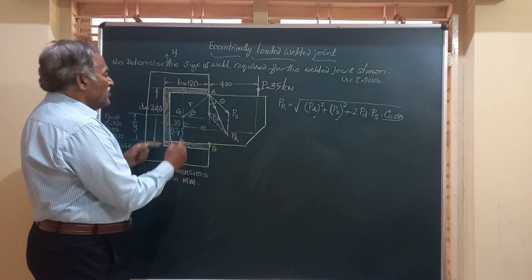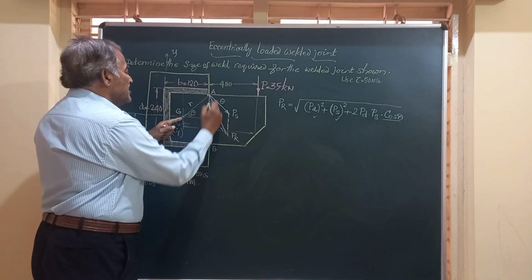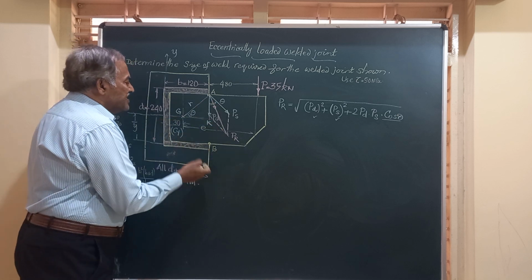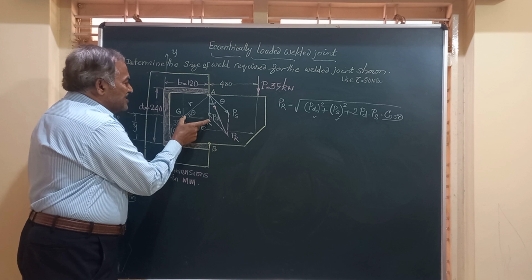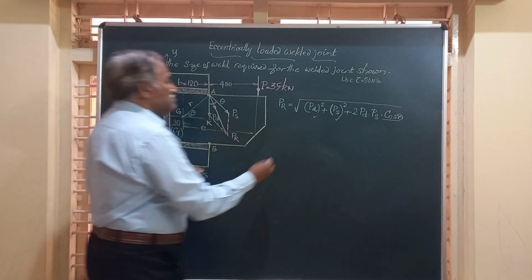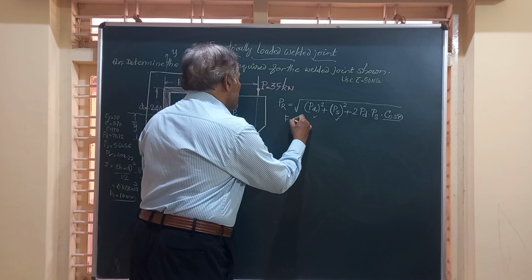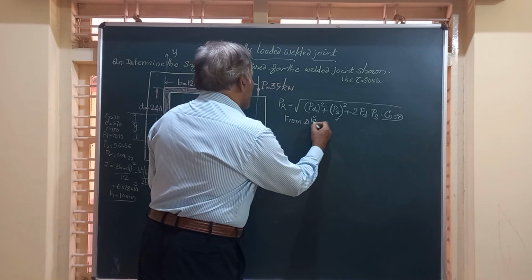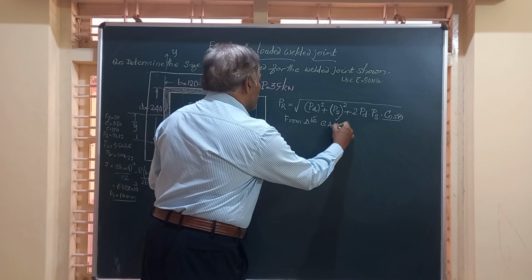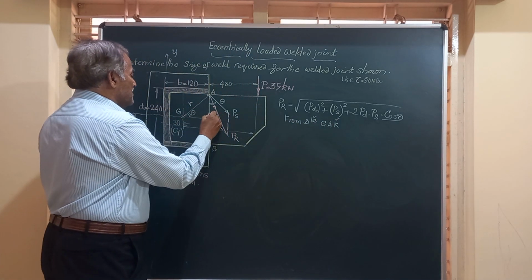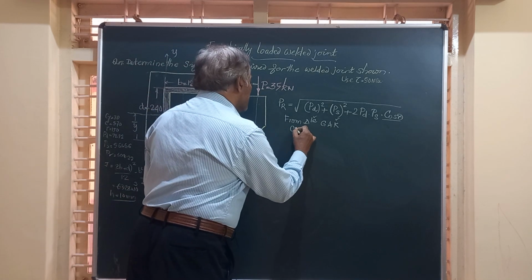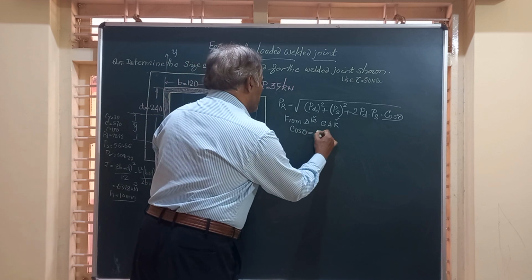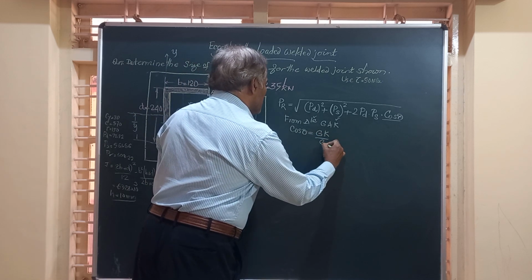So what I do, from this triangle GAK, right angle triangle, cos theta is equal to GK, the adjacent side, divided by GA.